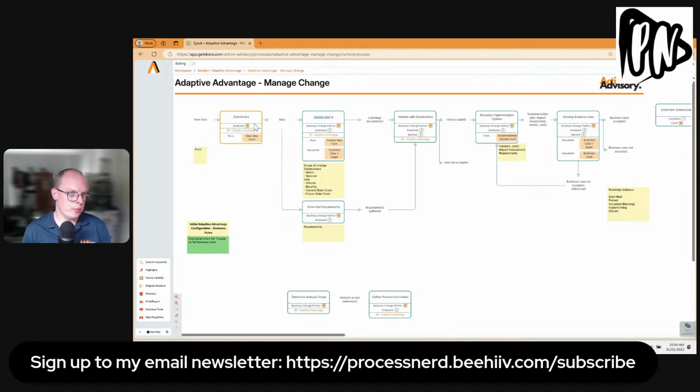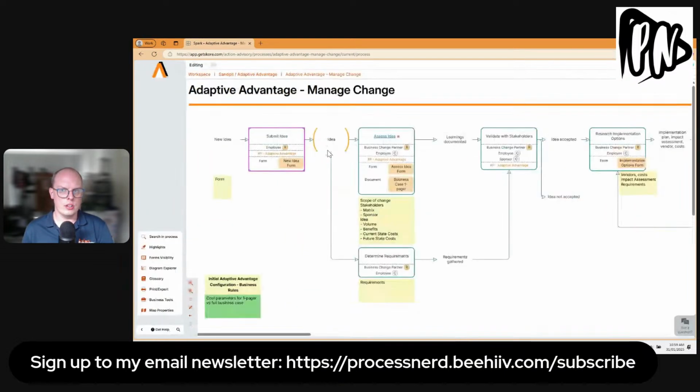So let's have a look at a form. What do we need to get this idea up and running? If someone's had an idea to improve something, what's the information that they need to input? Now I've had an idea about this, and I have wondered whether we could have a one field input.